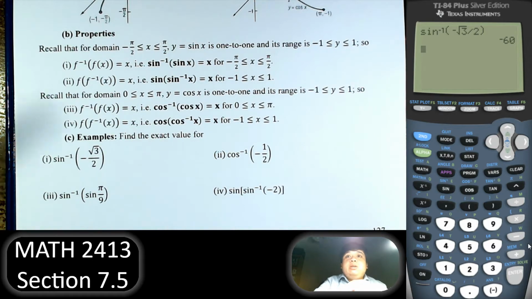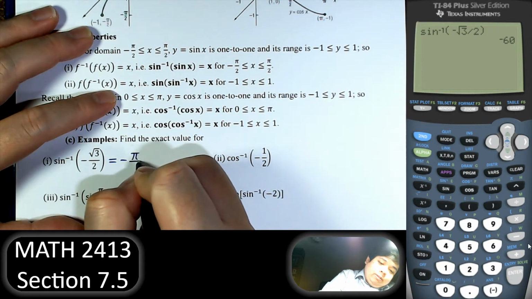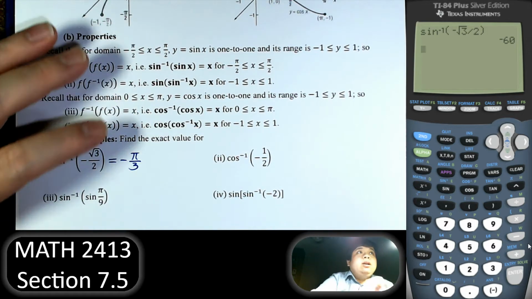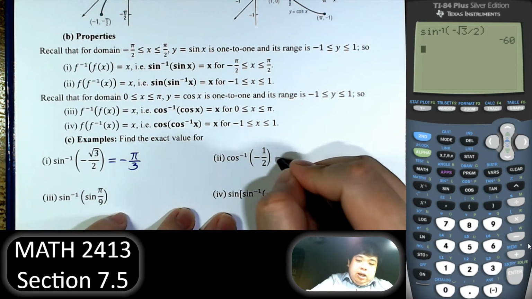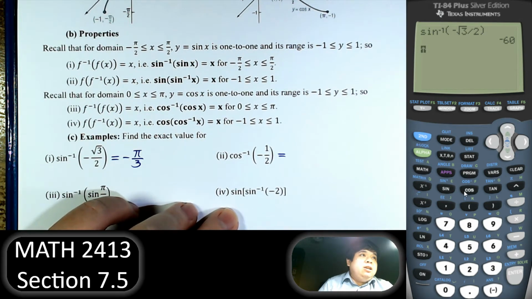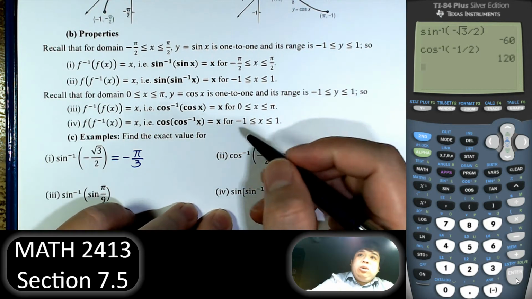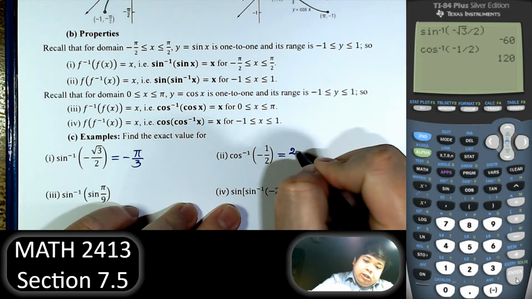Negative 60 degrees is negative pi over 3. And cosine inverse of negative 1/2 is 120 degrees, which is 2 pi over 3.